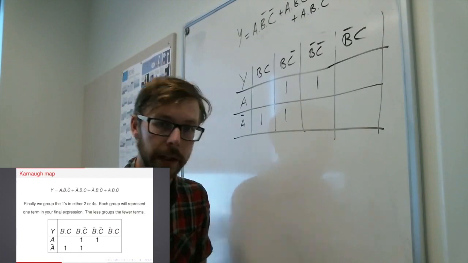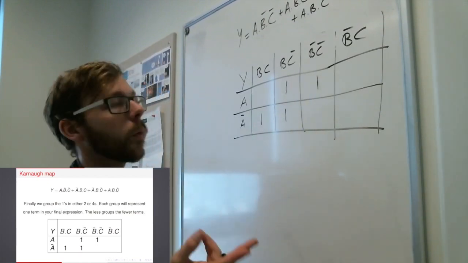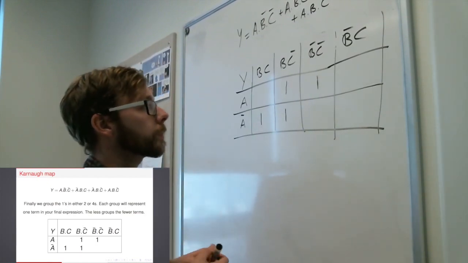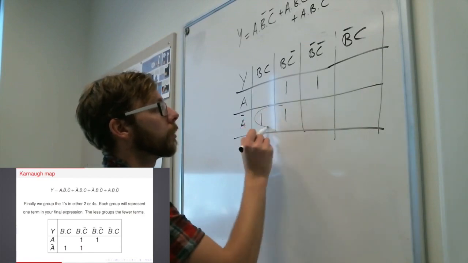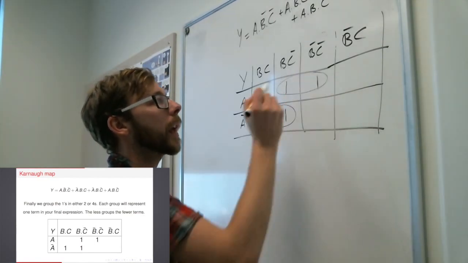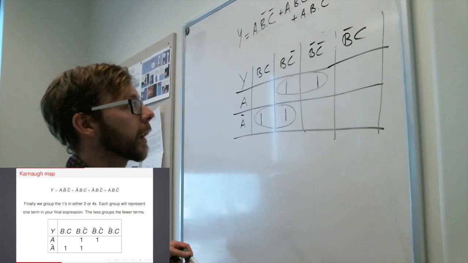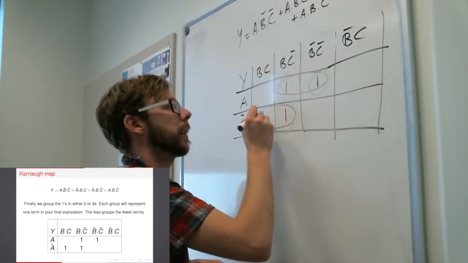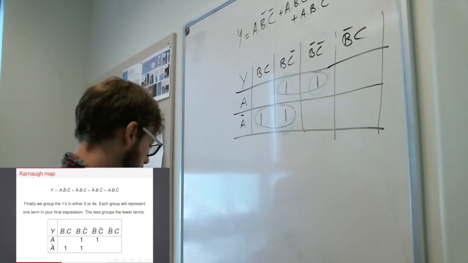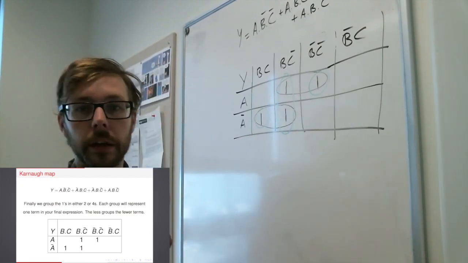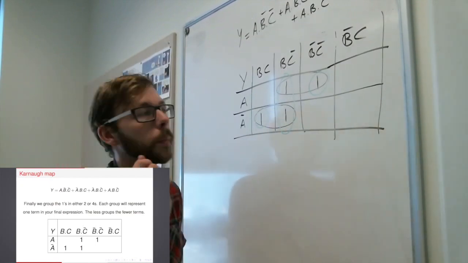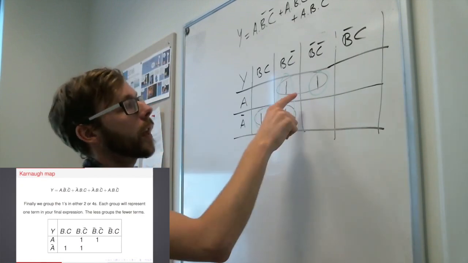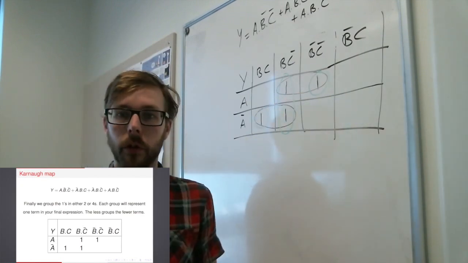So what I'm looking at is I'm trying to draw groups around these either horizontally or vertically. What you can see here is that there are two different ways of grouping these terms. I can either draw a group like that and a group like that, or if I use a different color, I could draw a group like that, a group there, and a group there. I will show you how to go through and actually do this for both groupings. But while we're here, notice that for the black groupings, I have two circles, two groups.